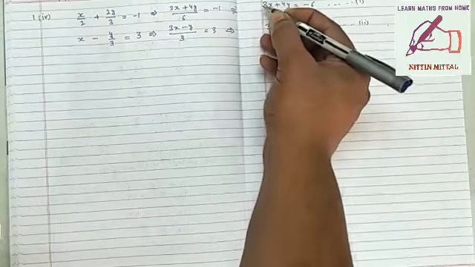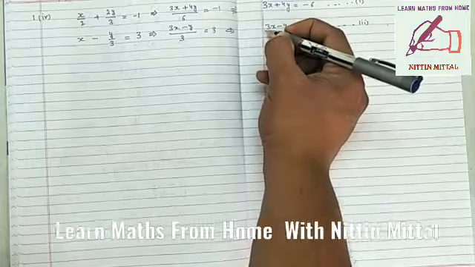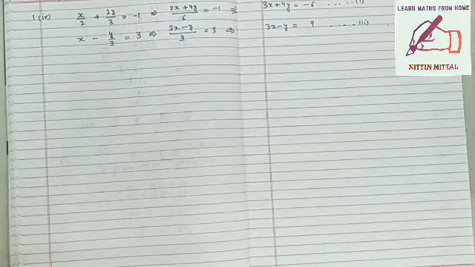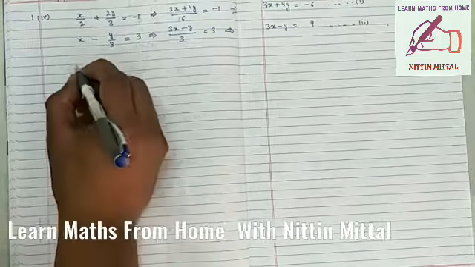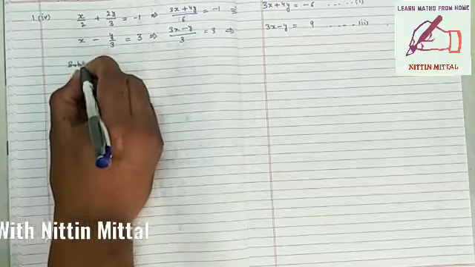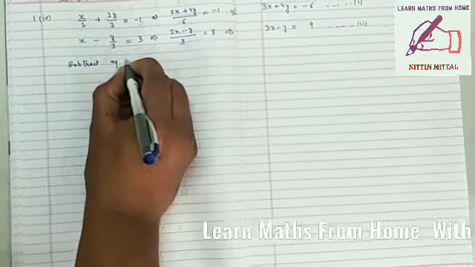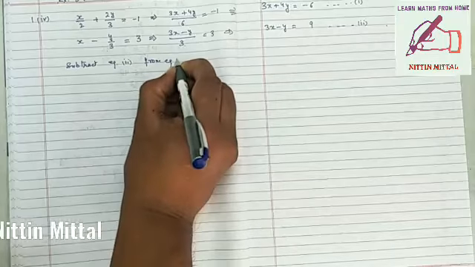Now if you see the sign in both the equation, positives are there, x coefficients are positive. To eliminate, their sign must be opposite, and to make the sign opposite we will subtract one equation from another. So we will write subtract equation 2 from equation 1.